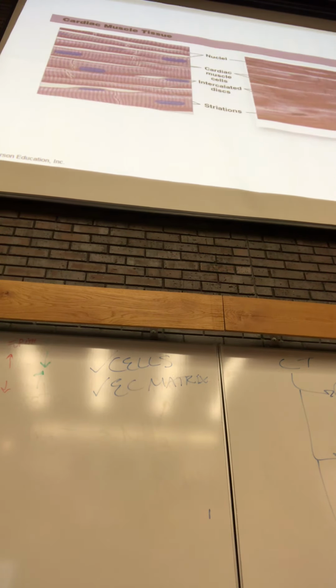Compared to cardiac muscle is also striped, but some of the stripes are much darker. These dark ones scattered. These are connections between two cardiac muscle cells. They're called intercalated discs. What they are is gap junctions between two cardiac muscle cells. They're called intercalated discs, and they're much darker on the slide.